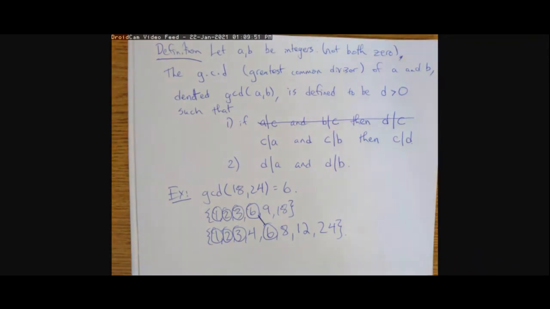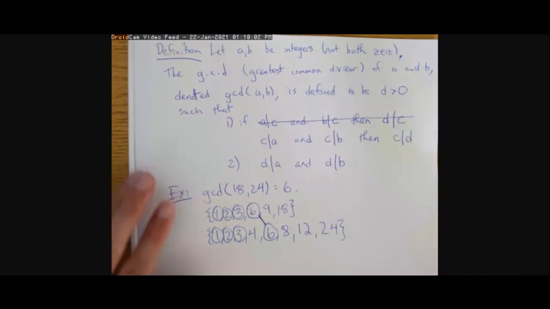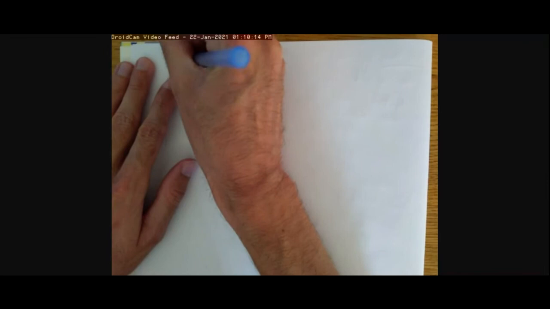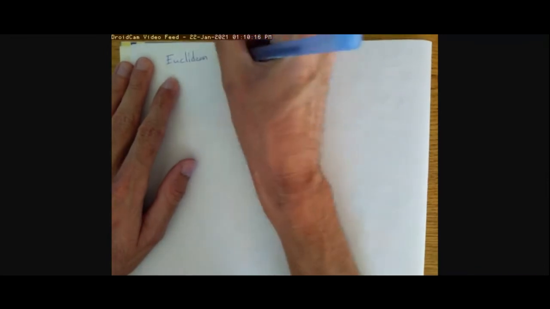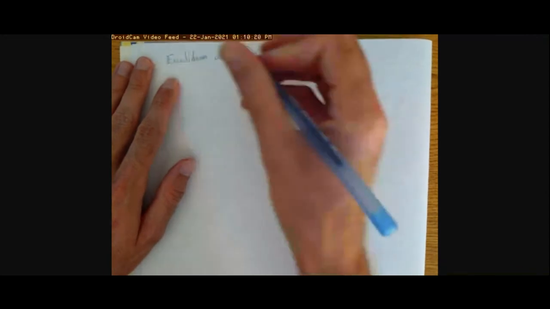Of course, this is a pretty useless algorithm. So we have the Euclidean algorithm to help us find GCDs. Let me just briefly remind you.